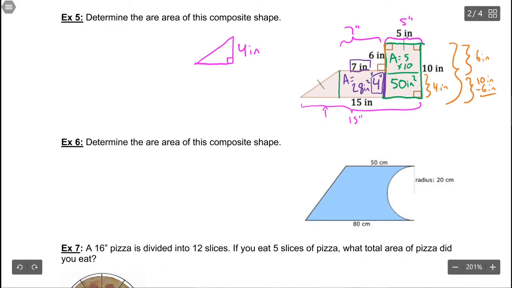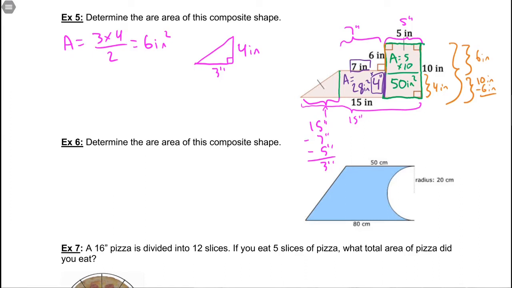So the piece that's left is going to be the whole 15 inches minus the 7 inches minus the 5 inches, which is 3 inches left. So the area of our triangle is base of 3 times height of 4 divided by 2. 3 times 4 divided by 2 is 6 square inches.